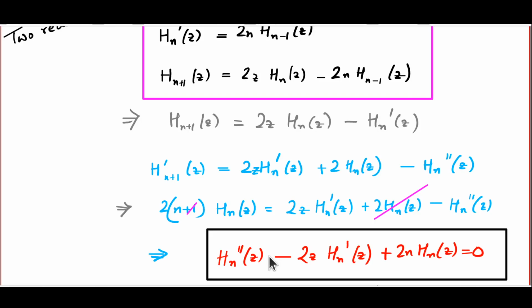Of course, we wrote this as lambda minus 1 initially, but lambda is 2n plus 1 for integer n for the cases that we are interested in. So the Hermite differential equation is being recovered for the h_n's. So h_n's are obviously polynomials. The Rodrigues formula should have convinced us of that. So h_n's are polynomial solutions to the Hermite differential equation.